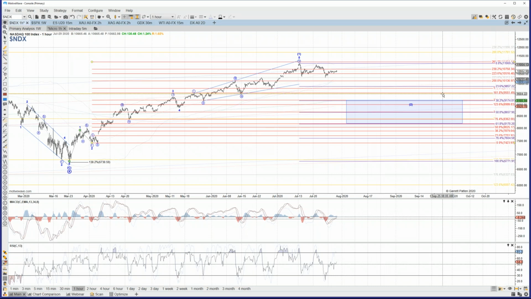So when there's less and less leadership, less and less breadth participation among all the stocks as far as what's actually participating to the upside and what stocks are actually driving that upside, that just speaks to, again, this being unsustainable. So I'm viewing what looks like a possible 5 up complete here as well, in this case into the more recent July high, set up for more of a pullback as wave 2 on the NASDAQ as well.